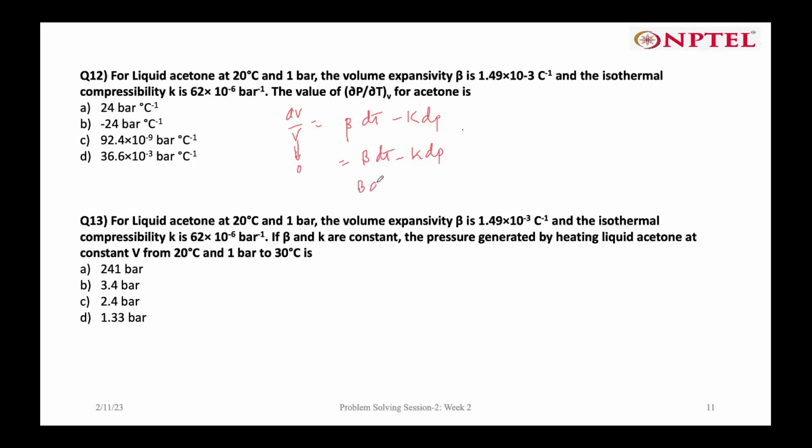Now here dP divided by dT at constant volume is beta by K, right. Put the values of beta and K.